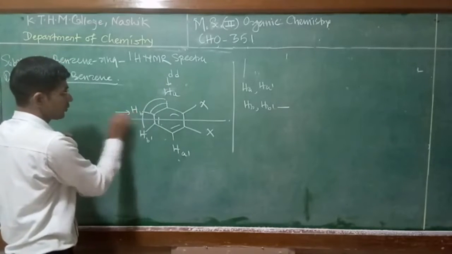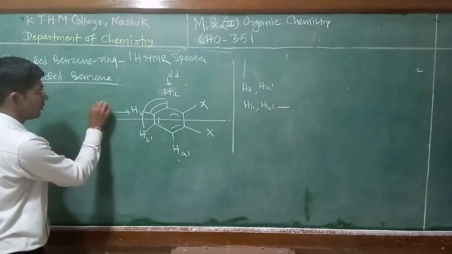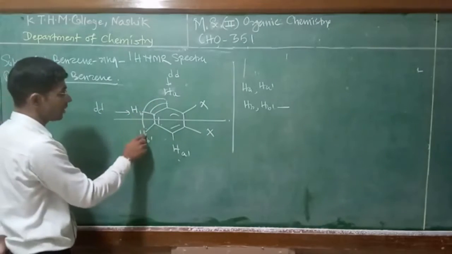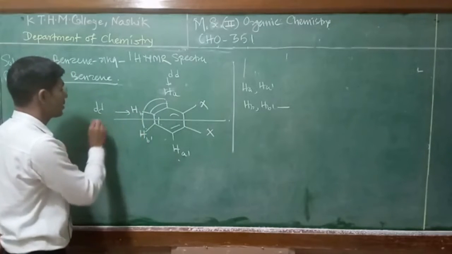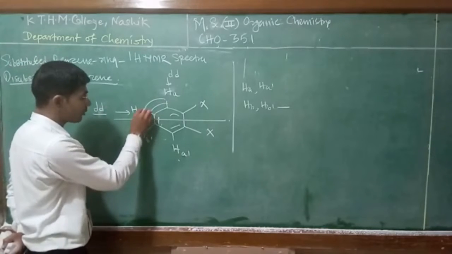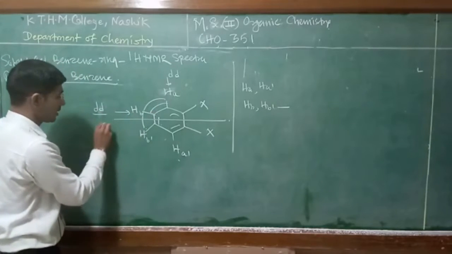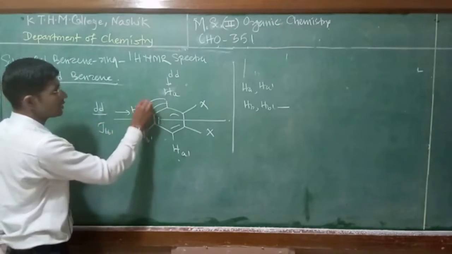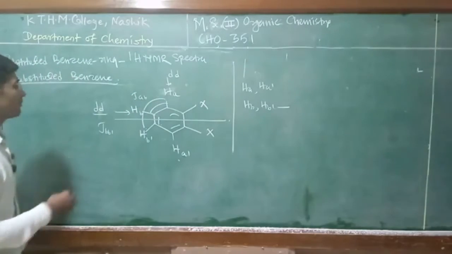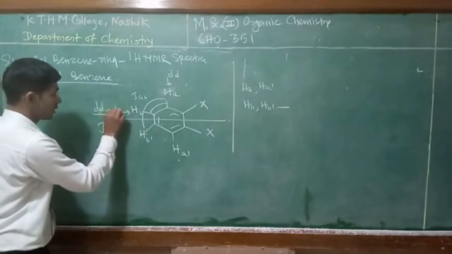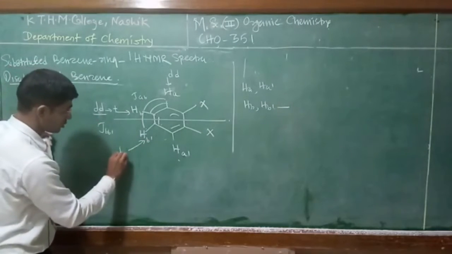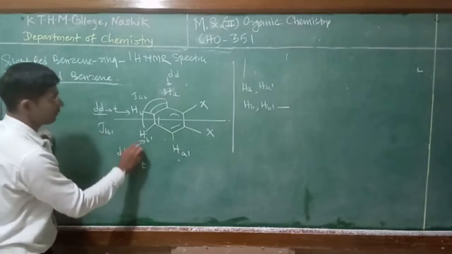For this also we observe a doublet of doublet signal. This proton is not equivalent, so suppose they are coupled differently; both couplings are ortho here for Hb, but suppose this magnitude is different, J B B dash and J A B. Suppose this is different, then it is a doublet of doublet. Sometimes it is a triplet, sometimes a doublet of doublet. For this also we observe the same situation, doublet of doublet and triplet.